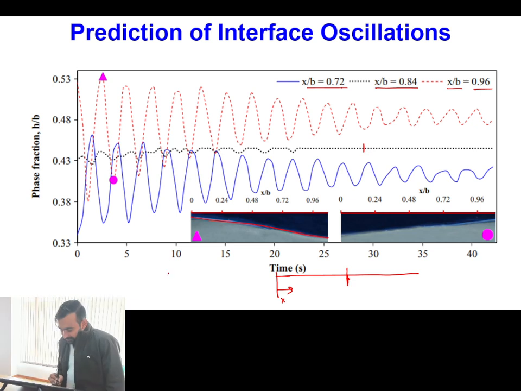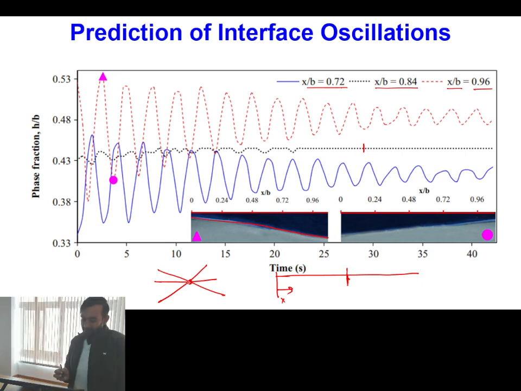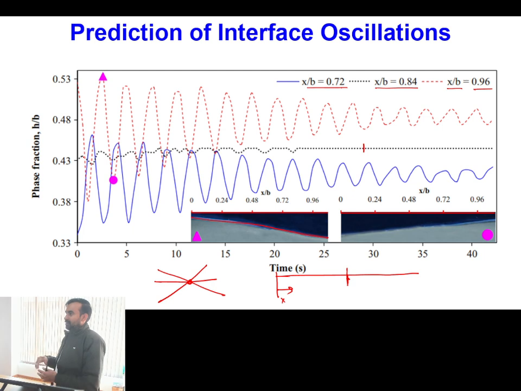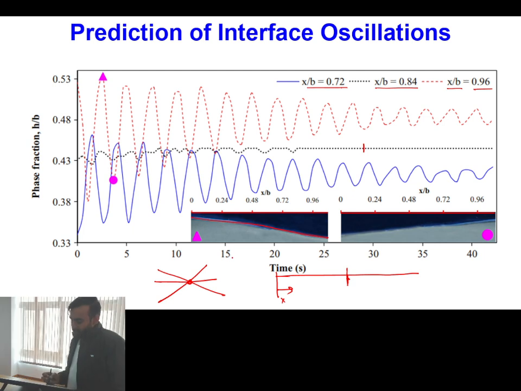Whenever the interface is moving like this, I have some point about which it oscillates up and down, and the location of this point is not changing with time. Whenever we initially start the oscillating process, what is done in this experiment? The tank is dropped from a certain height so that the oscillation can start. There will be some initial disturbances because of which the pivot point may deviate slightly.